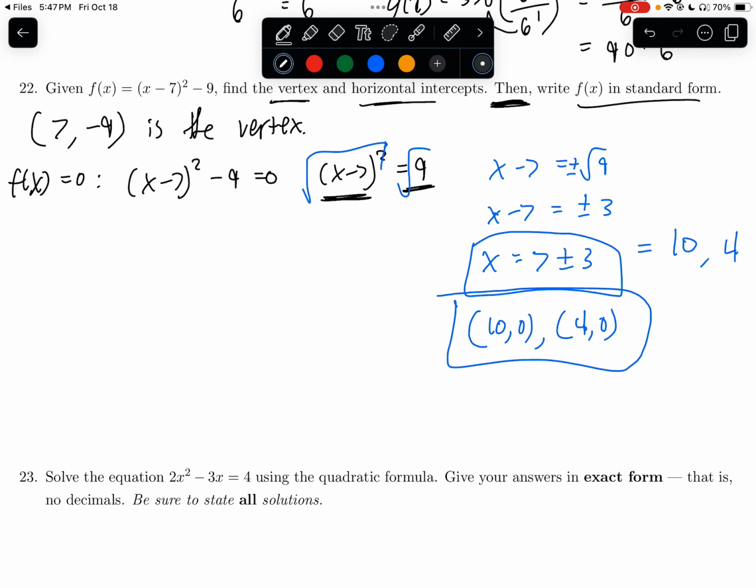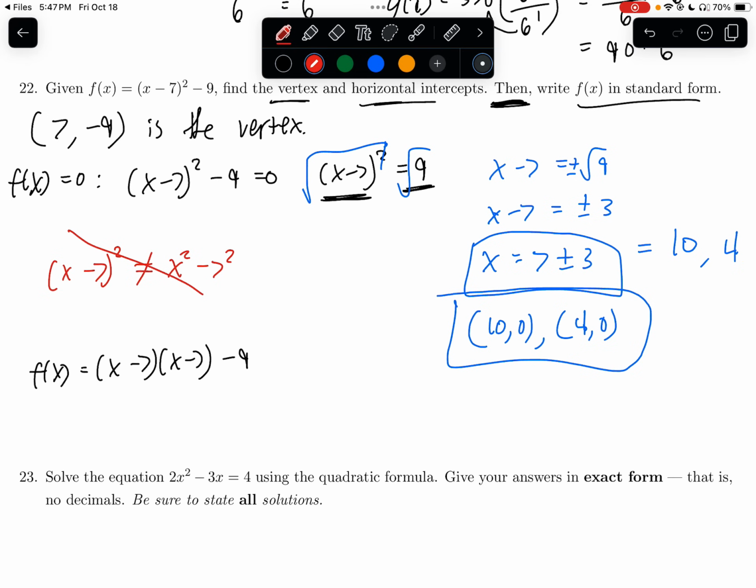we then have to just expand out the product here. So this is x minus 7 times x minus 7 minus 9. Remember that if I square this, it's not x squared minus 7 squared. That's no good.